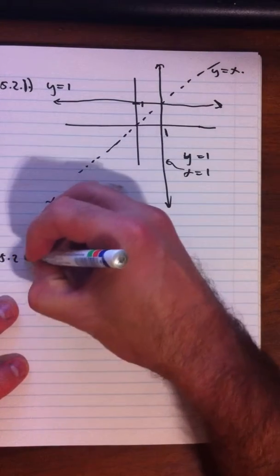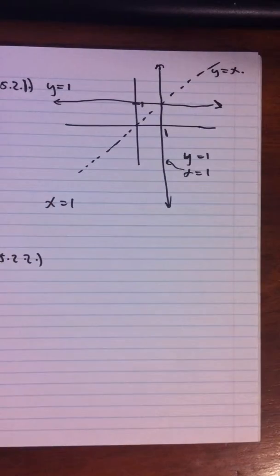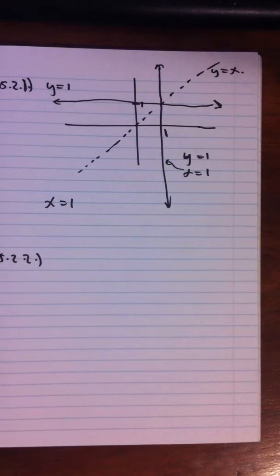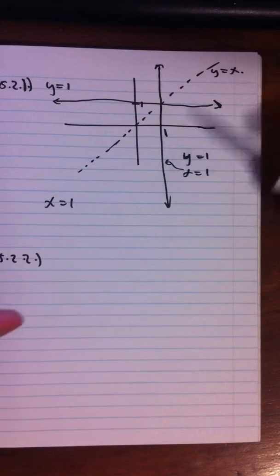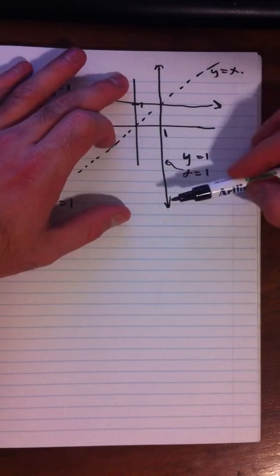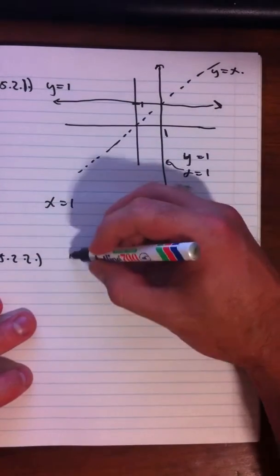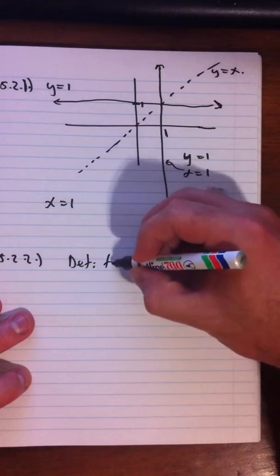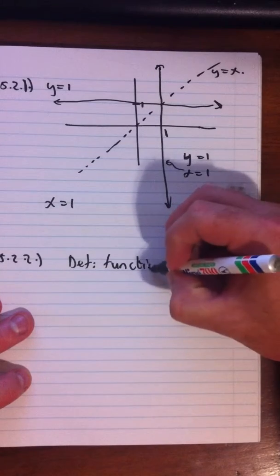5.2.2. Is the inverse of y equals 1 a function? Okay, the inverse of y equals 1 is this x equals 1 line. So is this line a function? What is the definition of a function? Well, let's think a bit about that.